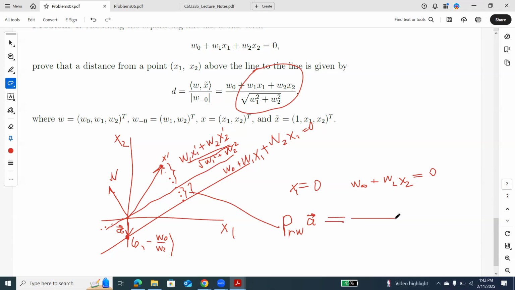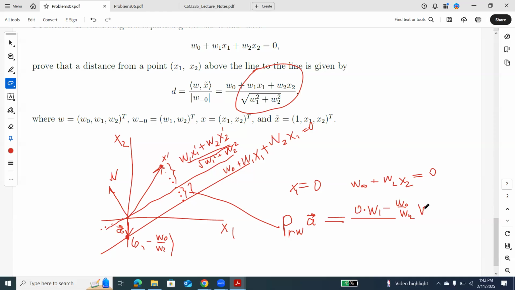So we take the dot product between this vector and vector W, which will be 0 times W1 plus negative W0 over W2 times W2.